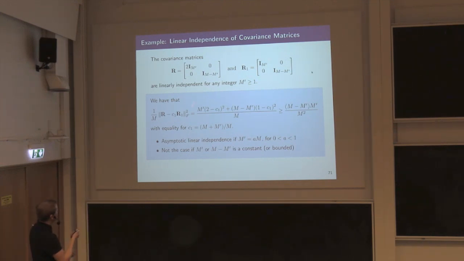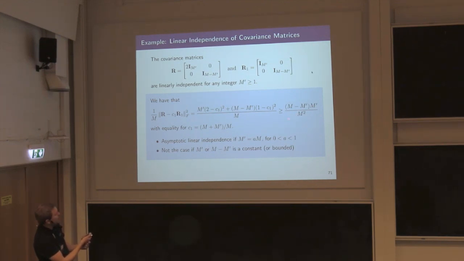They are different between each other, but the way they are different is only a small m prime sized part of the matrix. However, if I say that m prime is now proportional to m up to some factor, maybe 20% of the eigenvalues are different, in that case, here I get something that's proportional to m divided by proportional to m squared.